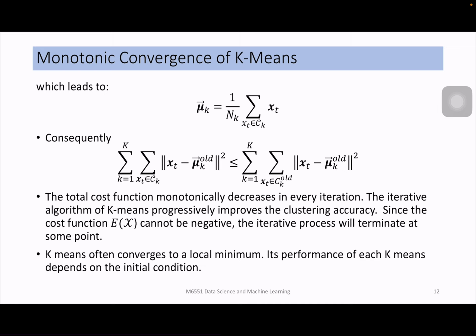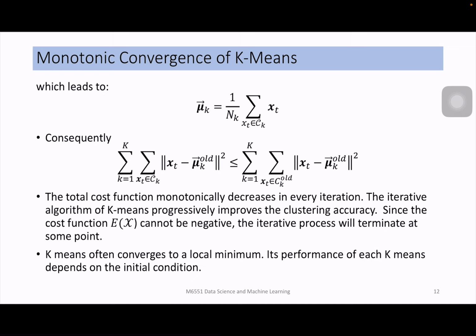Everything is the same except the Ck old summation. So the cost function monotonically decreases in every iteration.